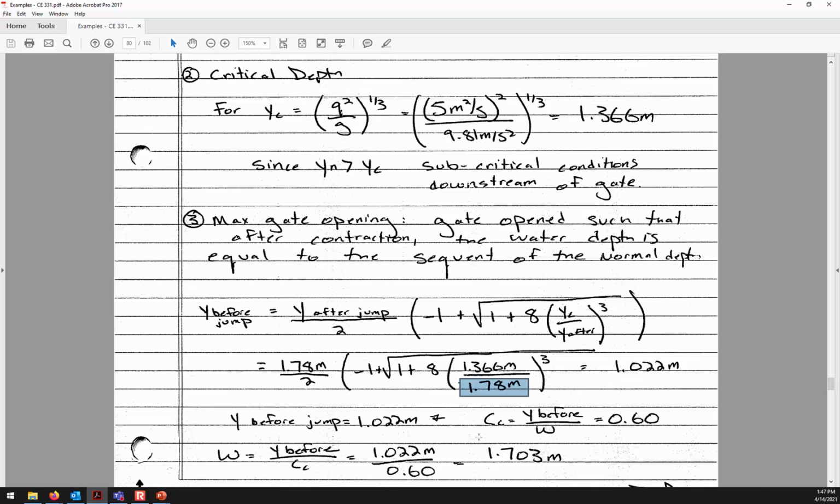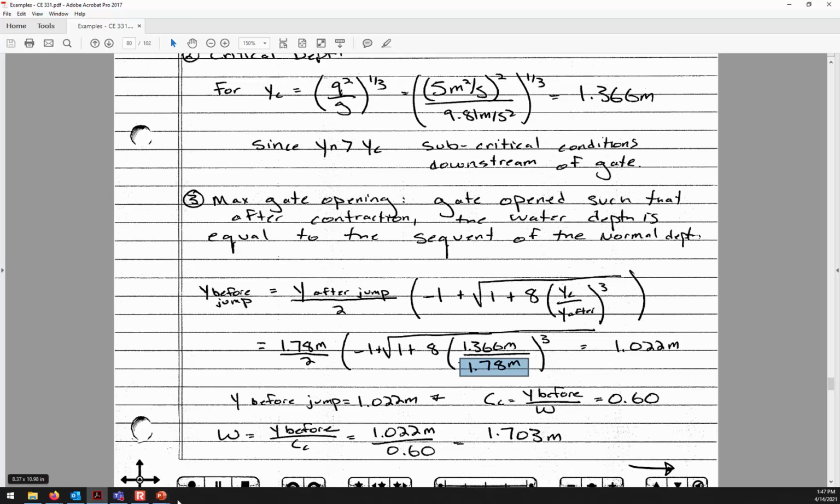Because if the gate was only opened 1.5 meters, then that would force the hydraulic jump even further away from the gate. And the reason why it would force it away from the gate is because there would have to be gradually varying flow until the depth upstream of the hydraulic jump matches the sequent depth to the normal depth that it's looking for.